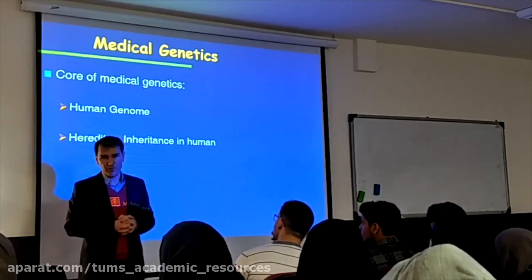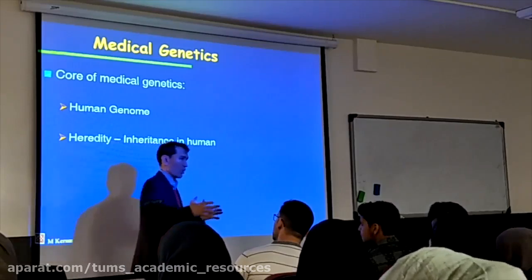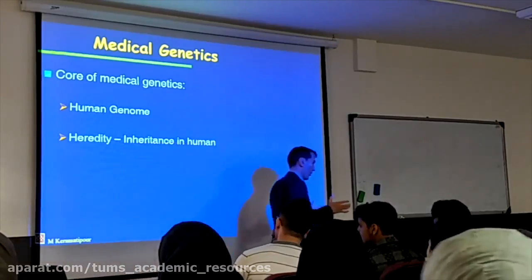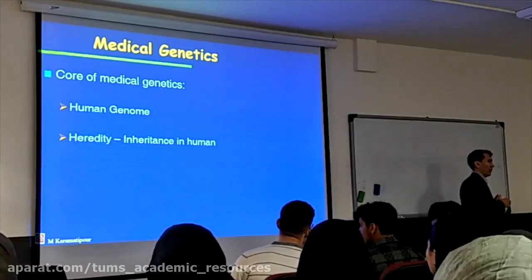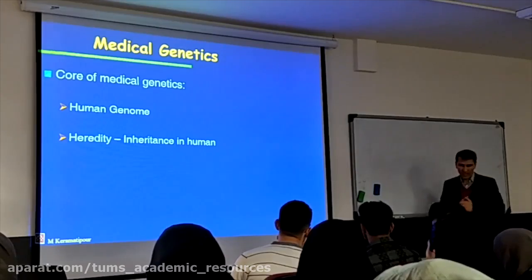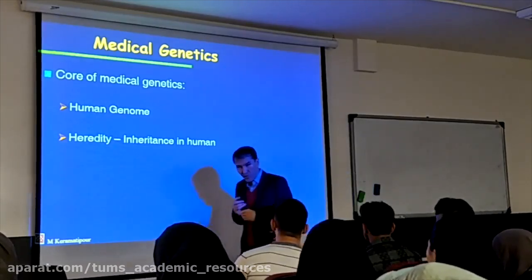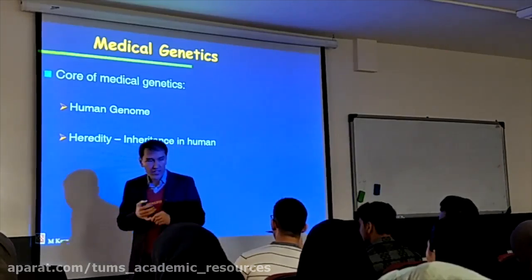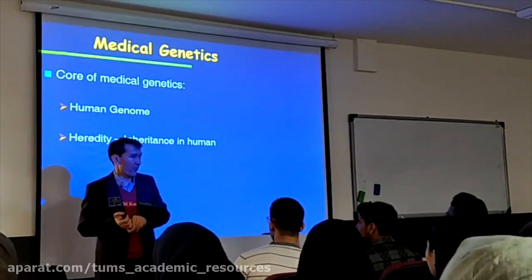Am I right? So the human genome and the information stored in it is the main part that controls the human phenotype, and this is what is passed from one generation to the next. Basically, the description for many of the characteristics that we have lies in the genome.